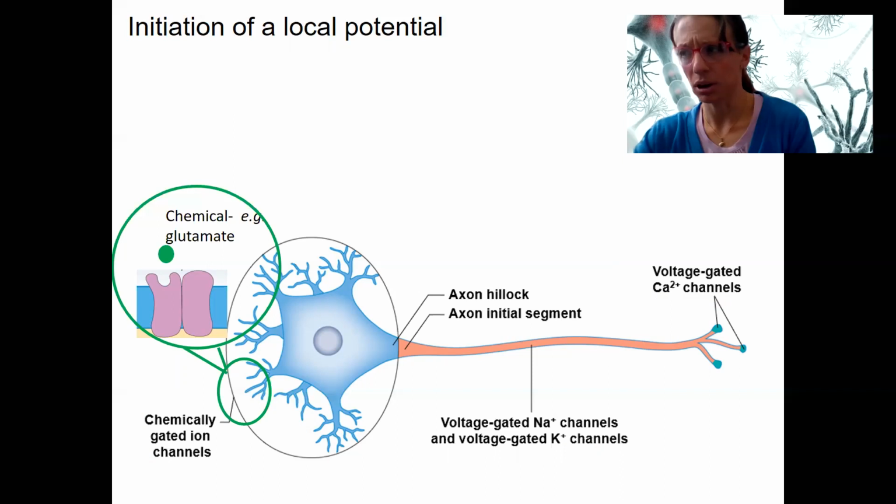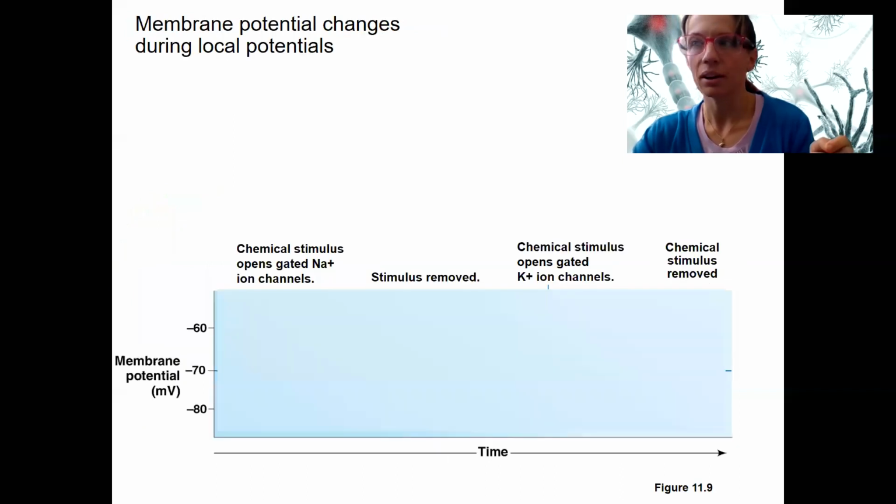What's going to happen to the membrane potential again? Could we graph that? Let's do it. Okay, on here, what I'd like you to do is graph the membrane potential changes during a local potential. So this graph here is similar to what I drew on that previous slide, over time on the x-axis, membrane potential on the y-axis.